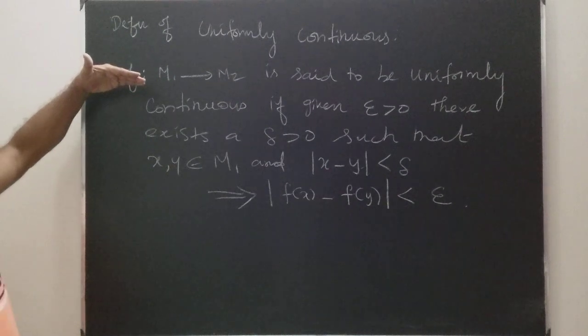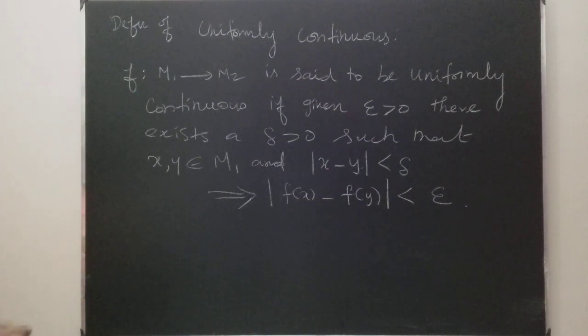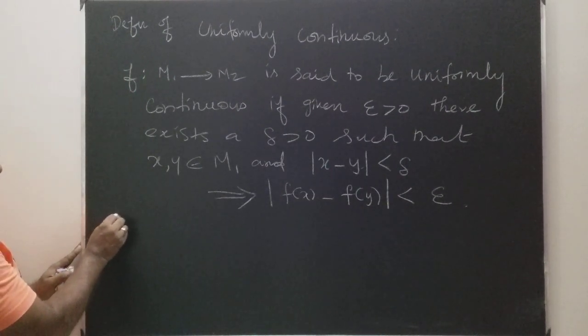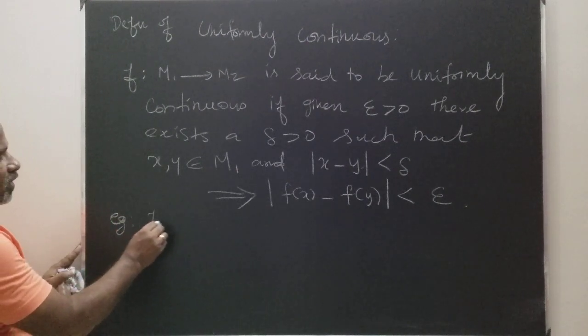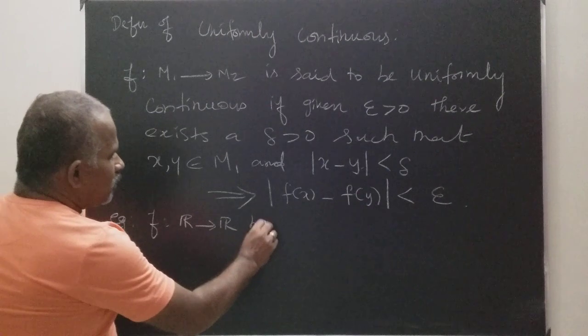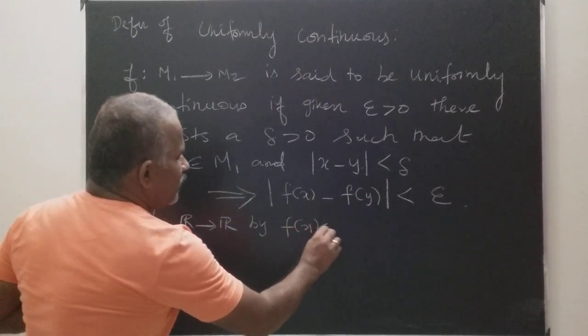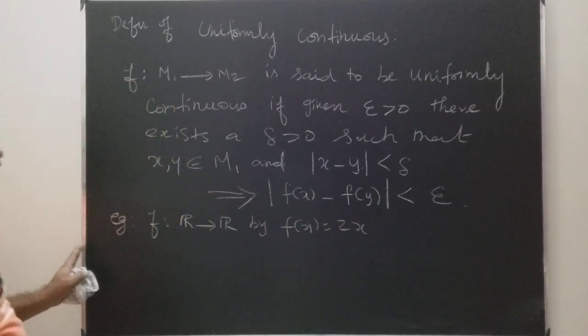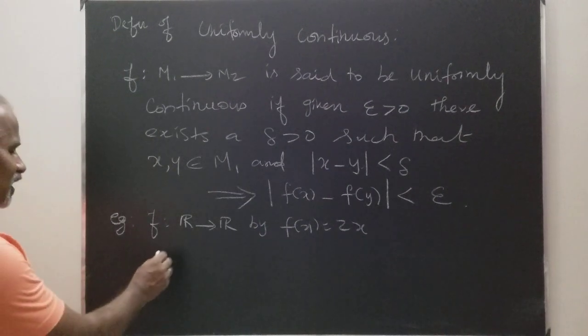The same example I am telling you again. f from R to R by f of x equal to 2x. I am going to say that it is uniformly continuous.